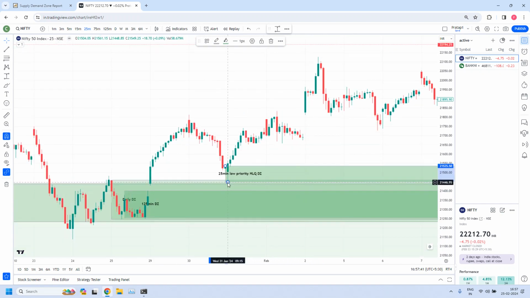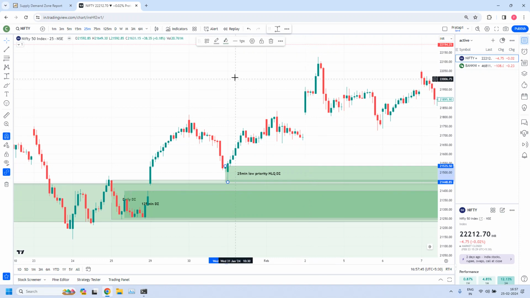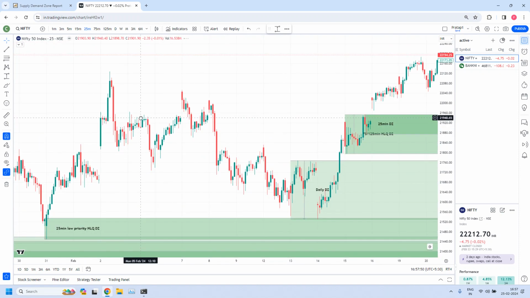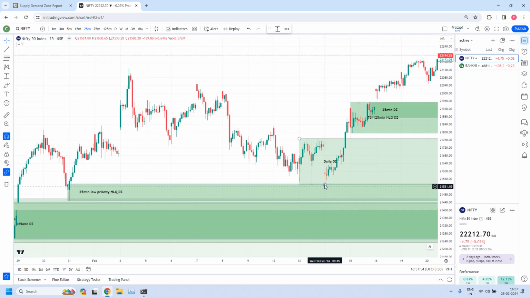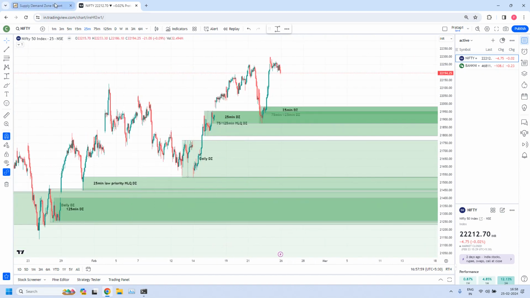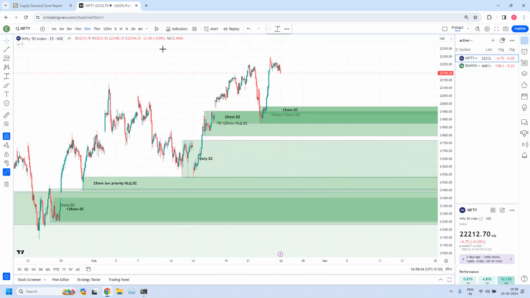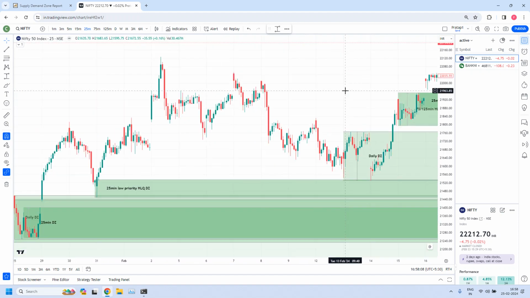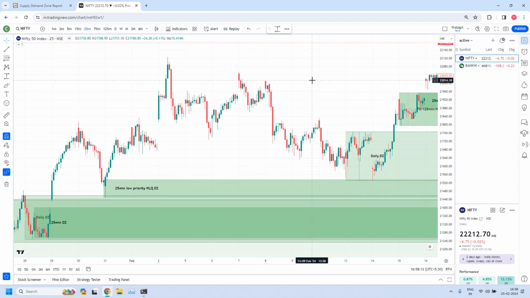That is what I have specified here. See, previously it was tested from here. So already tested once. And 2 rejections.